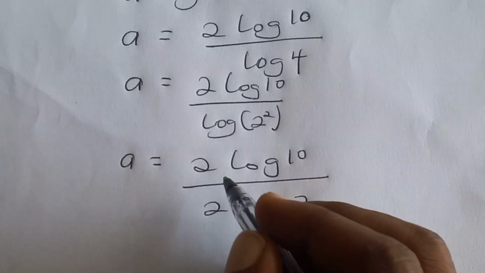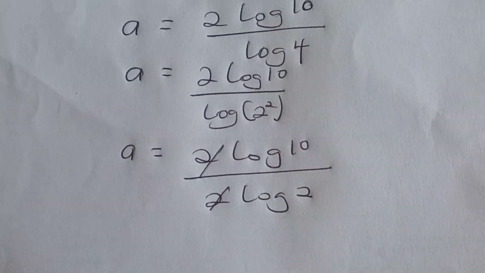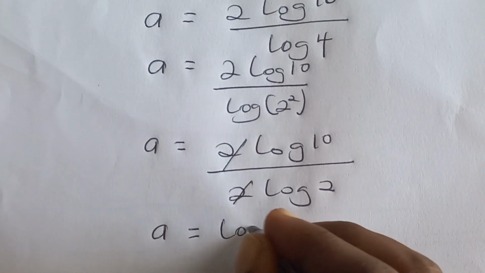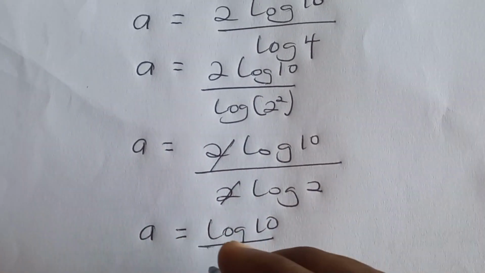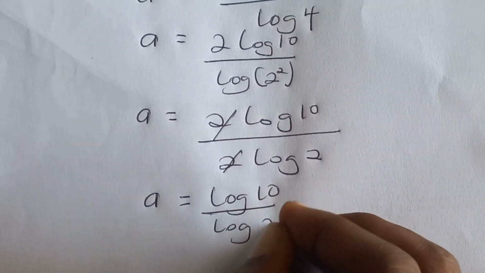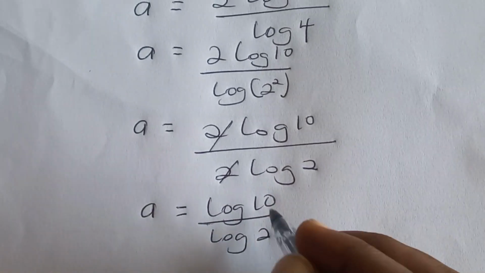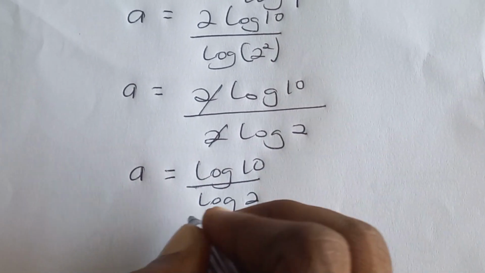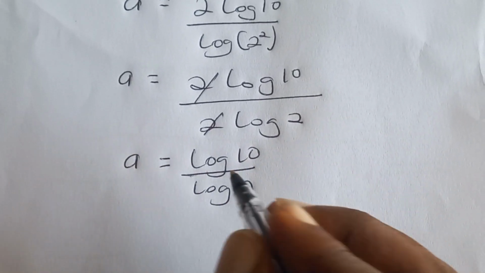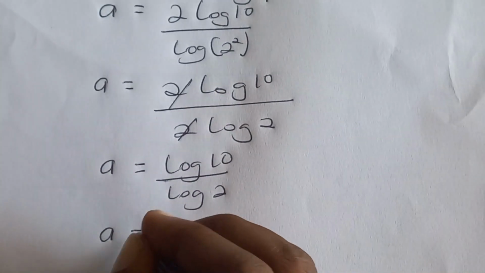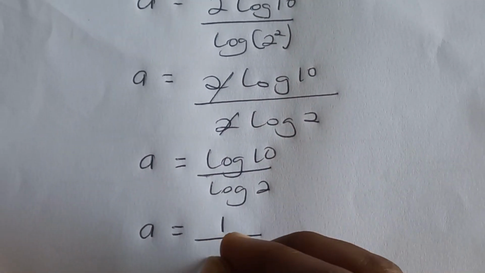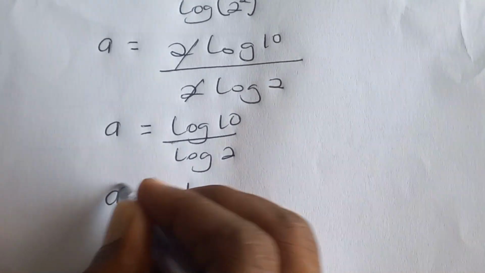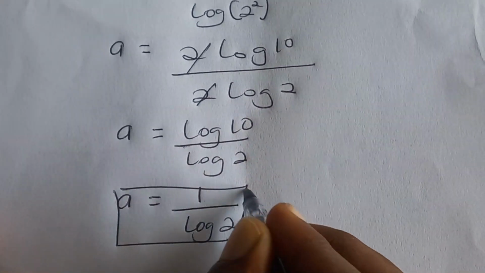Now these two will cancel, leaving a is equal to log 10 on log 2. Now this log 10 is the same as 1, because log 10 base 10 is 1, so we are having a is equal to 1 on log 2. So this is our a.